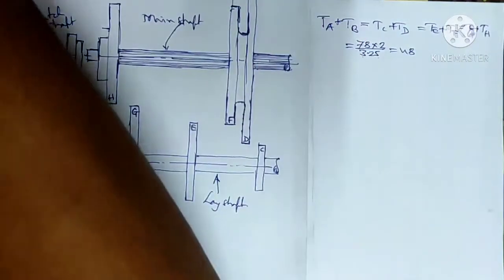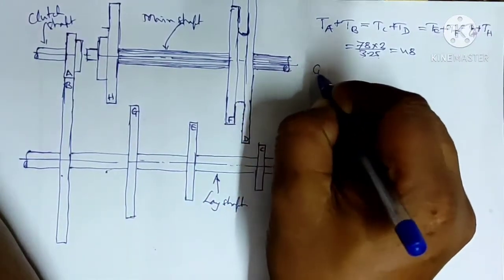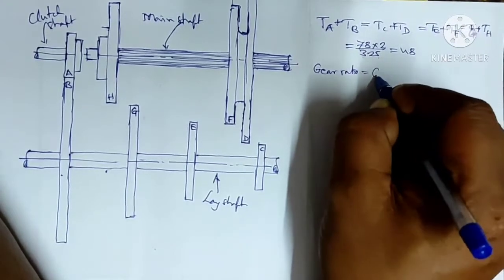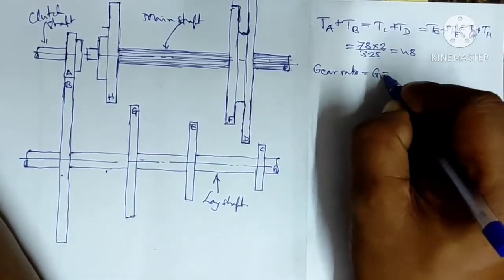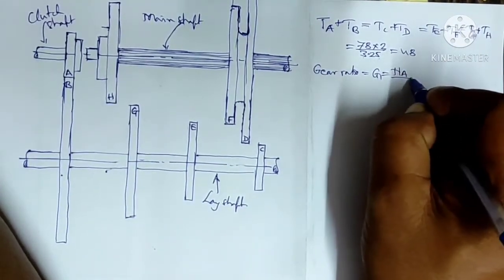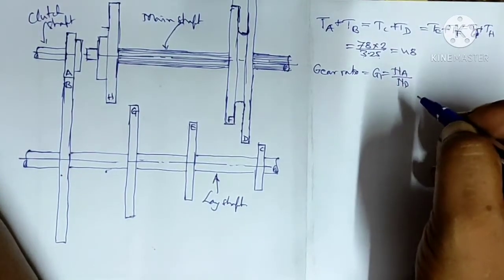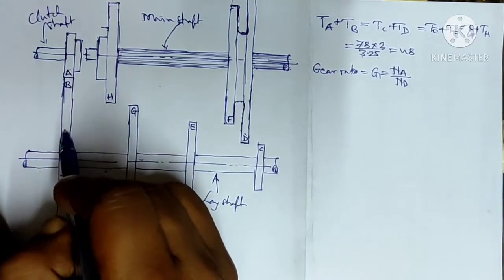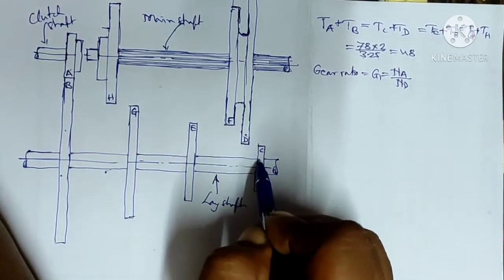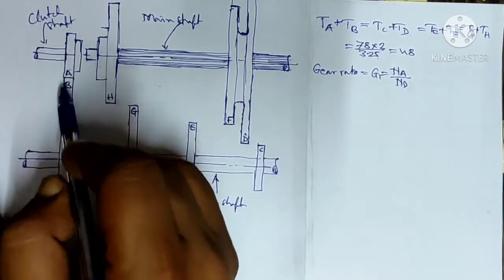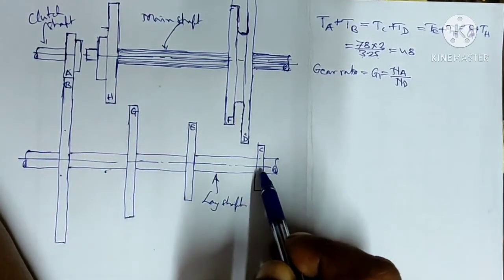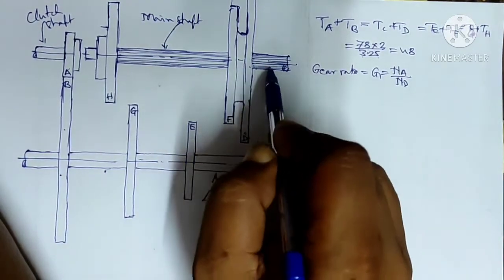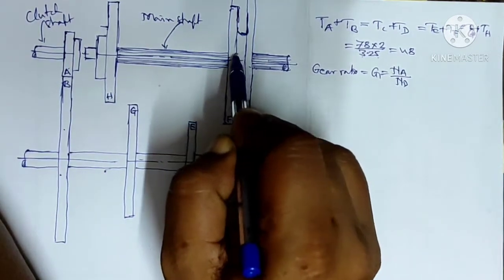Now for the first gear, the gear ratio is say G1, and that will be equal to NA upon ND, the RPM of A upon RPM of D. In that case, A will be engaged with B and D will be engaged with C. So power will come from A to B to the lay shaft, from the lay shaft it will go to C to D, and from D into the main shaft.